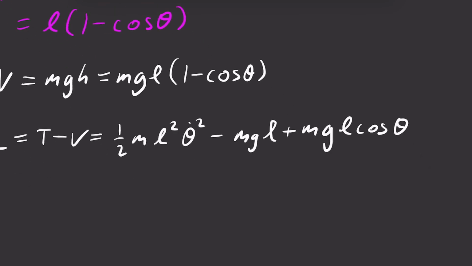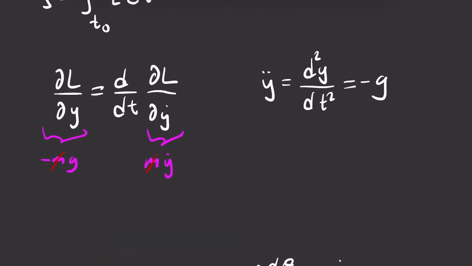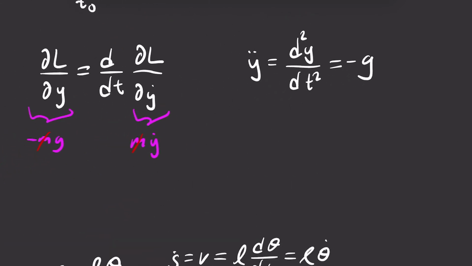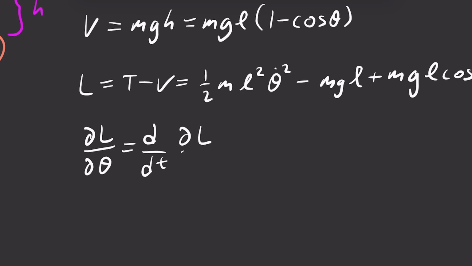And if we apply the Euler-Lagrange equation again, in this case we'll be taking the derivative with respect to theta. So we have dL d theta equals d dt dL d theta dot.